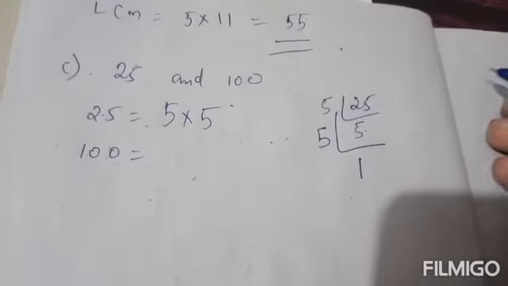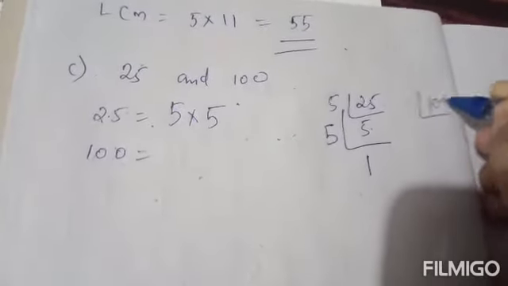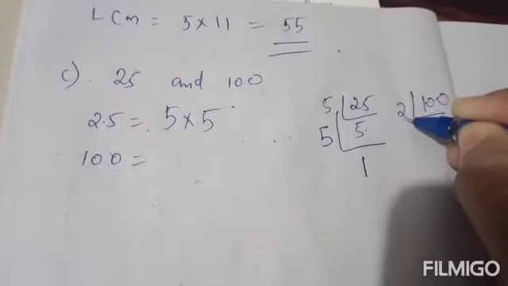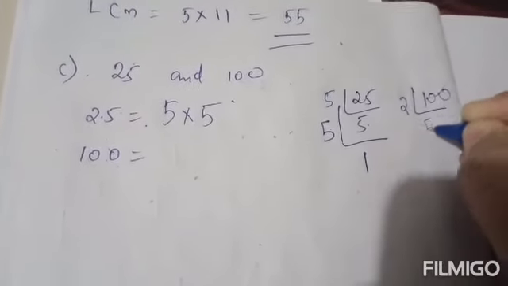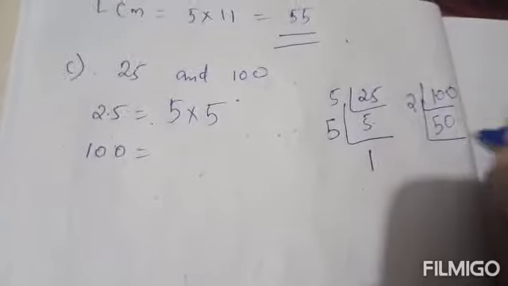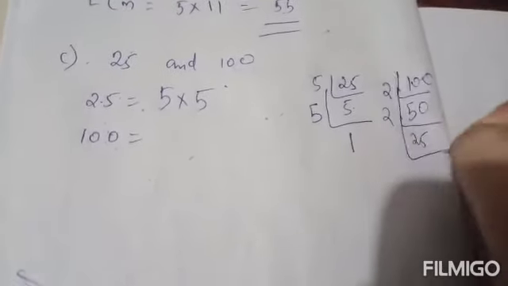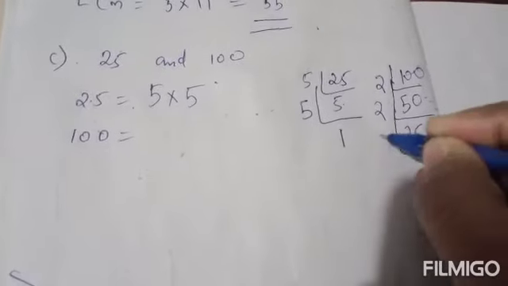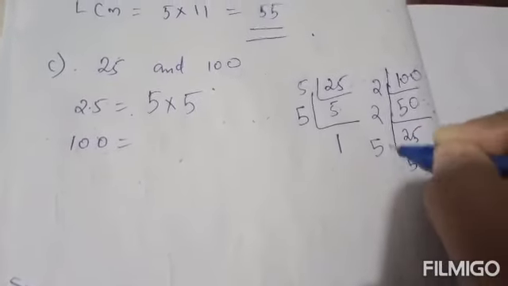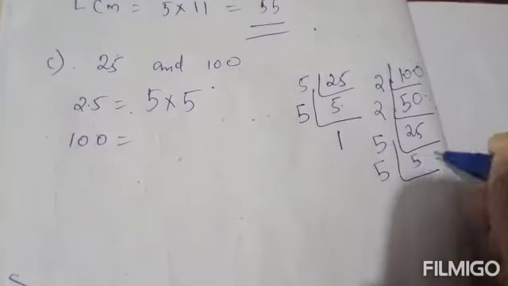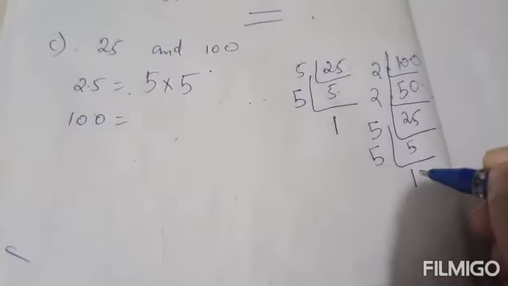Next, 100. 100 you can divide by 2. You will get 50. 50 you can divide by 2. You will get 25. 25 you can divide by 5. You will get 5. 5 divided by 5, 1 you will get.